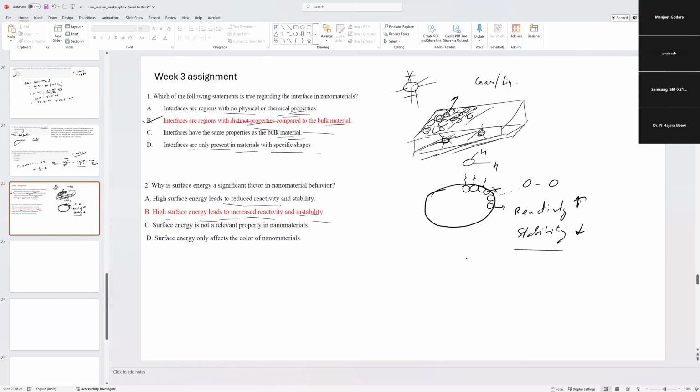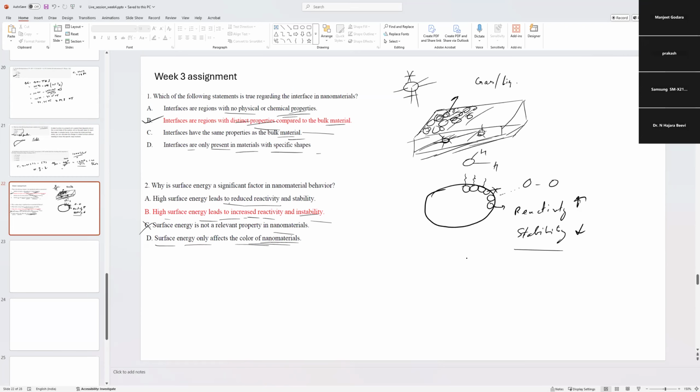Surface energy is not a relevant property for nanomaterial? Absolutely incorrect, since for nanomaterial a larger fraction of atoms is sitting on the surface, so this plays an even more prominent role as compared to bulk. Surface energy only affects the color of nanomaterial?